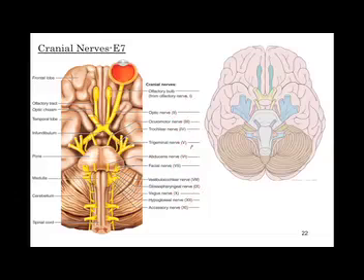Now, there is a saying in your book. There's a very easy way to remember this. Page 550. And I'm not going to write it all out for you because it's right there, but each word in that sentence corresponds to a couple of letters in each of these cranial nerves.